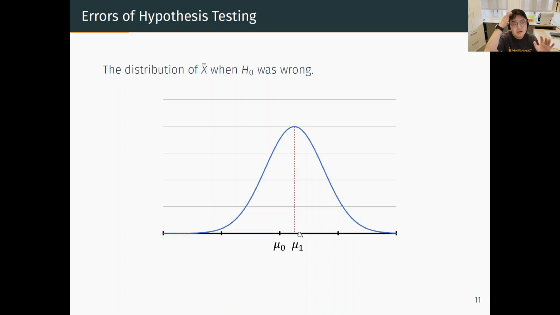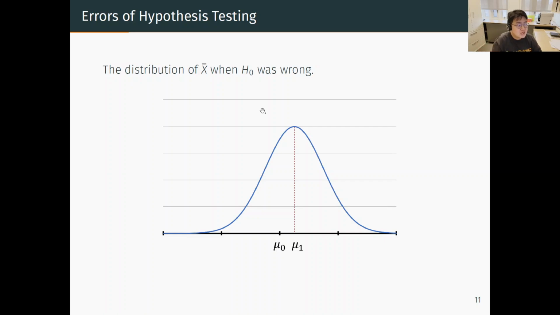It's not exactly what you imagined. Your normal distribution is shifted to mu1, with its center here. Now the null hypothesis is wrong, so you have to reject it. Rejection is the correct decision in this case.